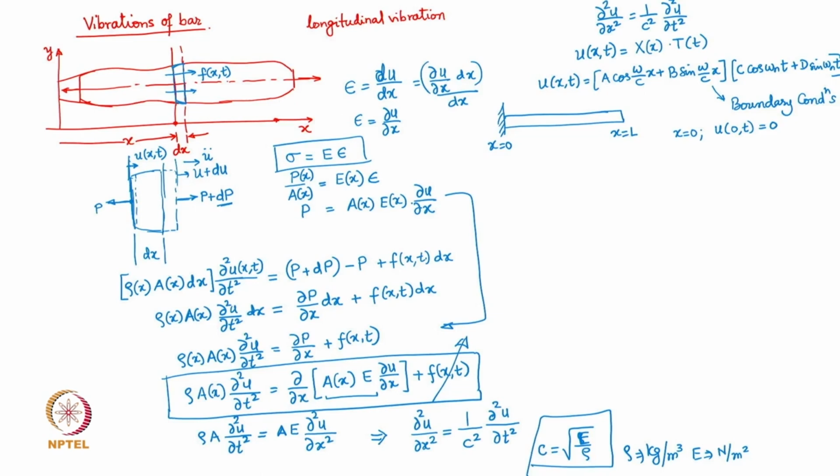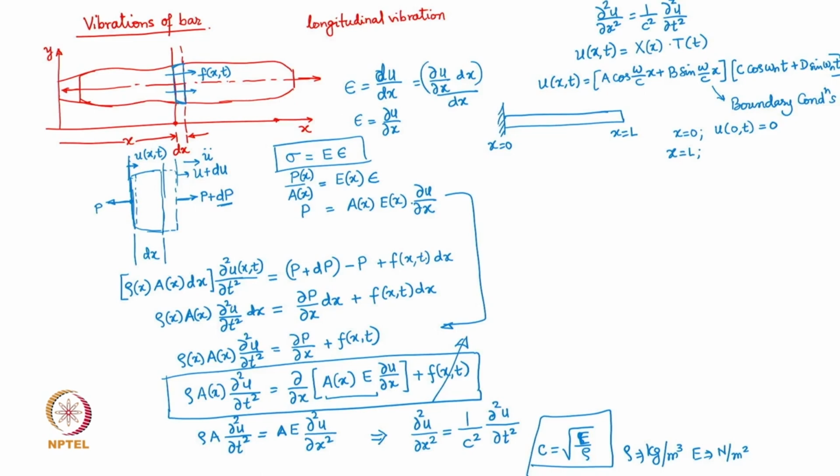That's your boundary condition. At x equal to L, can we say u(L, t) is equal to 0, the way we did it for the string case? We can't, because the bar at the rightmost end is free. It is not fixed, so there is no restraint on its vibratory motion.